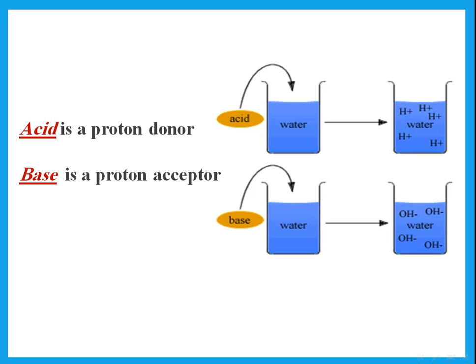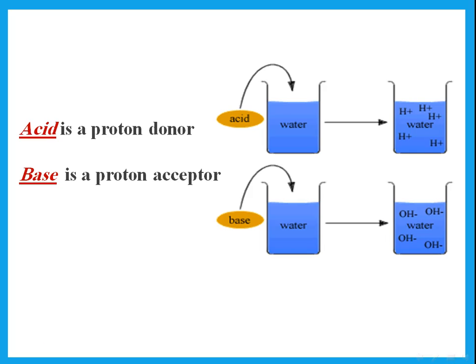So a reaction between an acid and a base would result in the formation of water. Okay, so acid is a proton donor, and we understand that proton is what? Proton is H plus ion. A base is a proton acceptor.